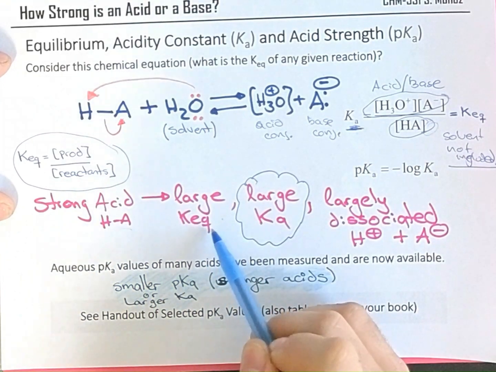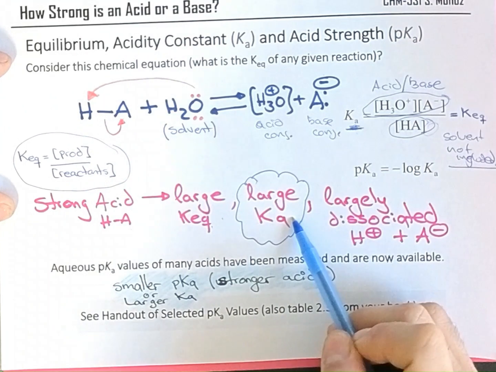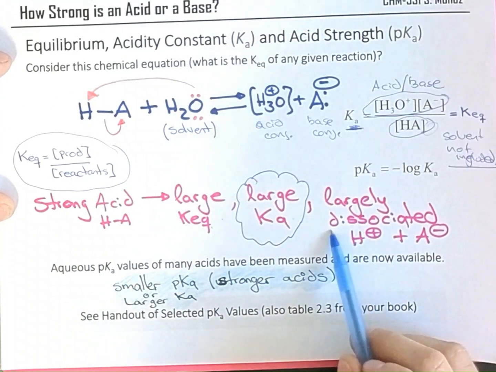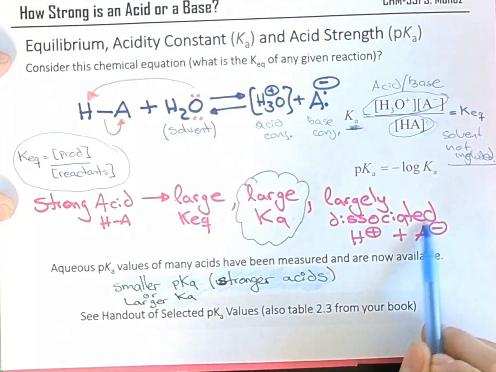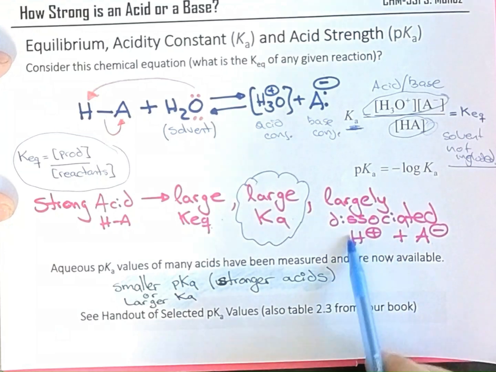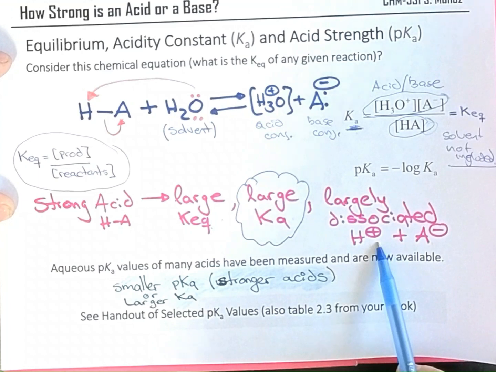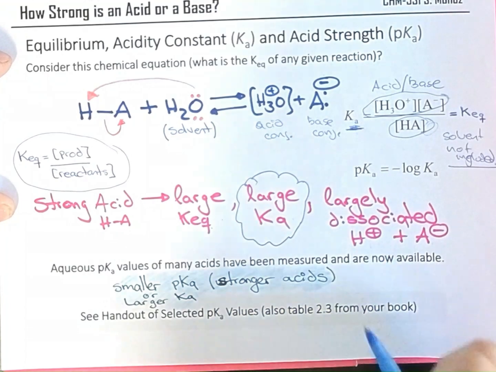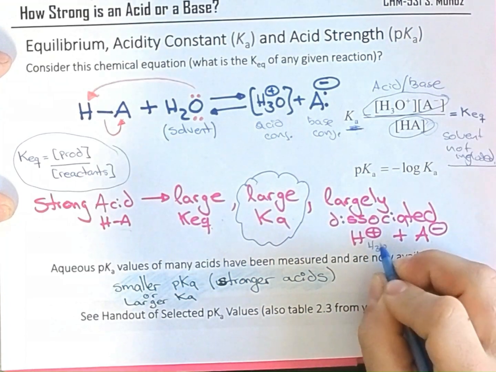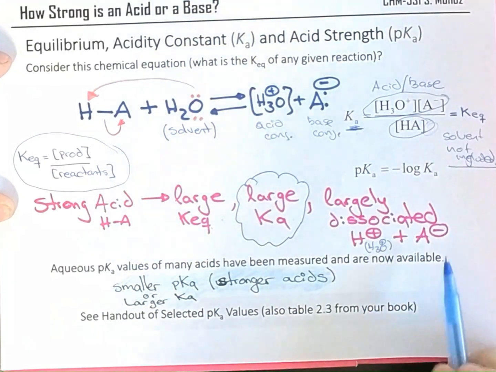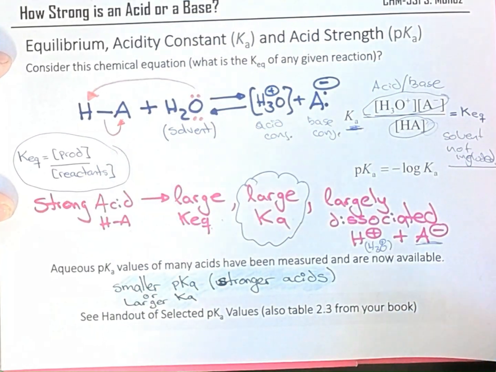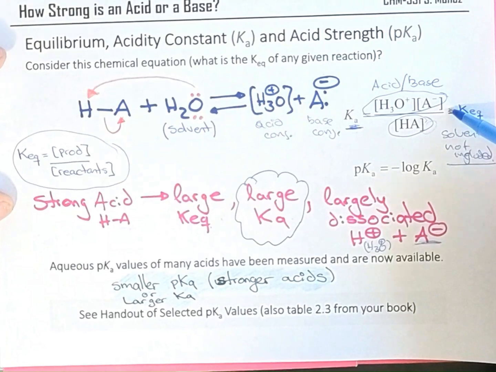This corresponds to a large equilibrium constant, which is the same as a large acidity constant, which means that it's fully or largely dissociated into protons, which are not free, they're not dancing around on their own, but they're bound to the solvent, in this case water, and that will be the hydronium ion, and the concentration of the conjugate base, which is the expression of Ka.